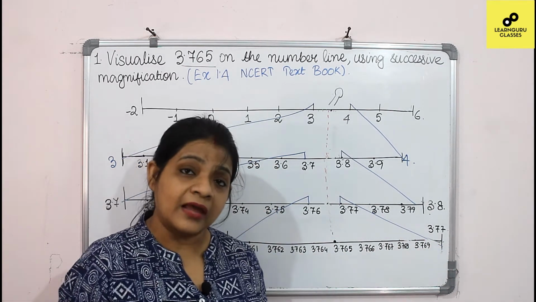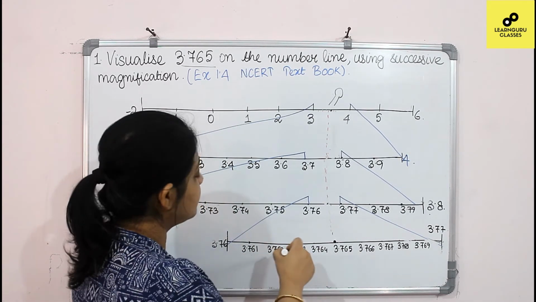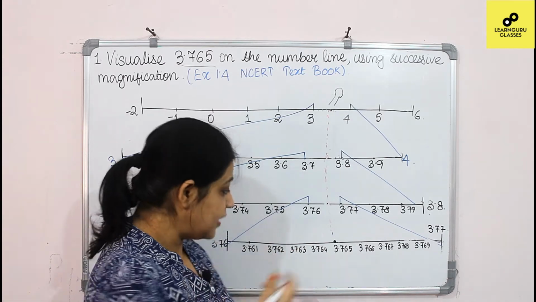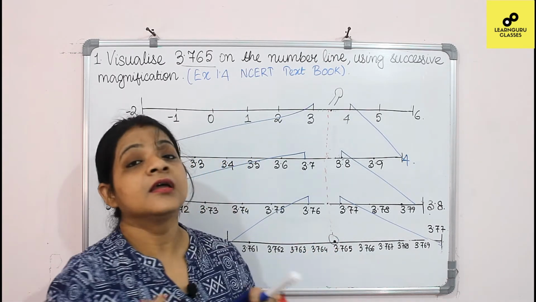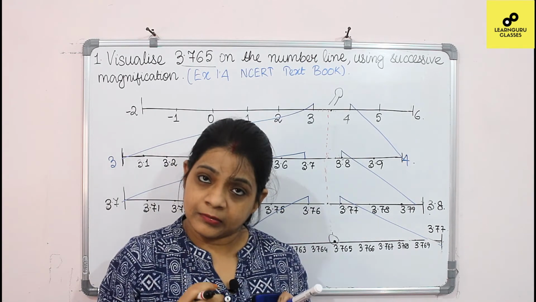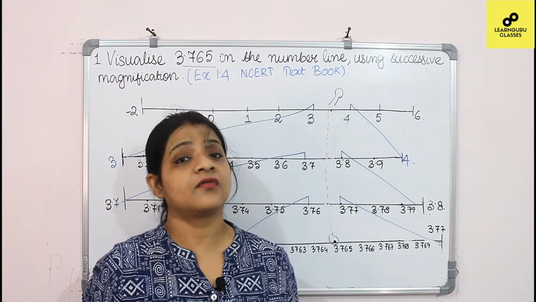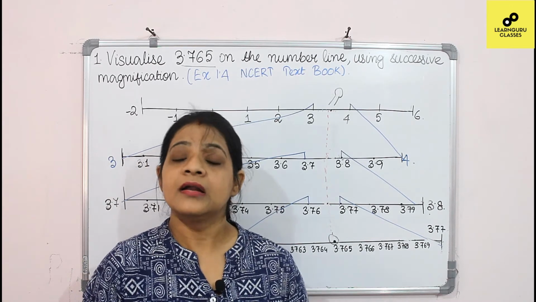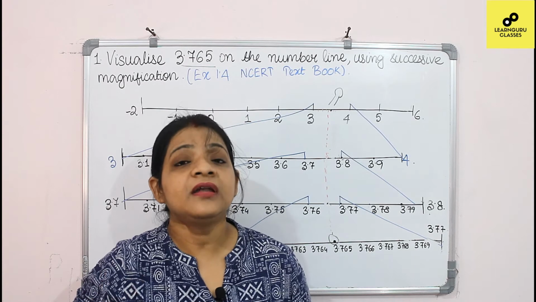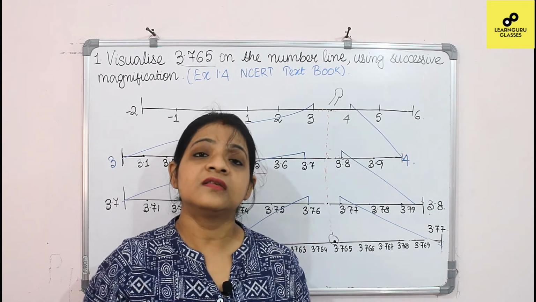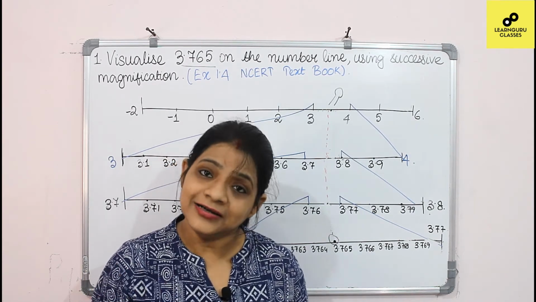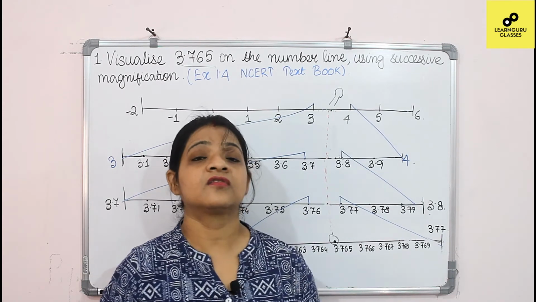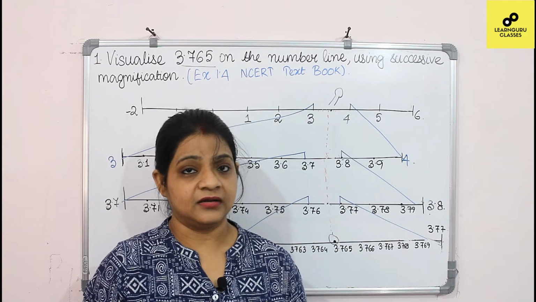So again more precision, that is 3.761, 3.762, 3.763. So accordingly 3.765 gives you the exact result where it will lie on the number line. Using repeated magnification means you are repeatedly enlarging the area. So for this the name is called successive magnification.